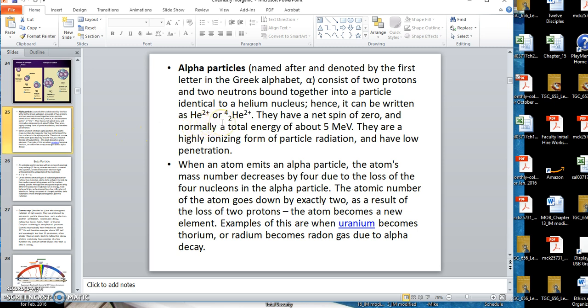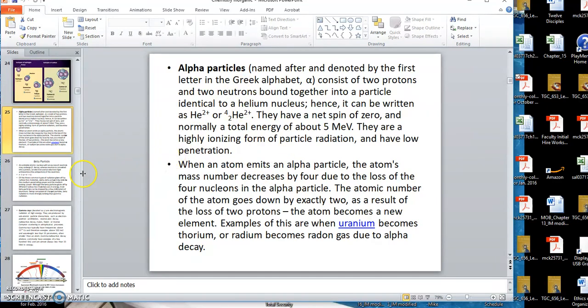Now, we won't get real detailed, but understand this particular particle, since it's somewhat large, its travel velocity is not that great. And basically then it's one of the easier particles to block out.